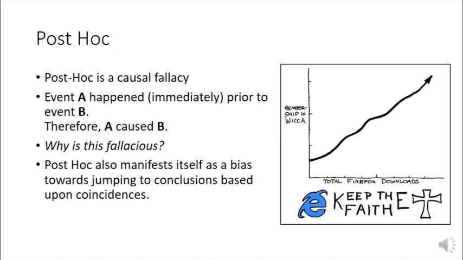This is clearly fallacious. Maybe what's going on here is some unobserved component, like people become more aware of Wicca with wider dispersion of the internet, and with wider dispersion of the internet, more people are also downloading the browser Firefox. In other words, it's not the Firefox download that's causing it, it's some unobserved event.